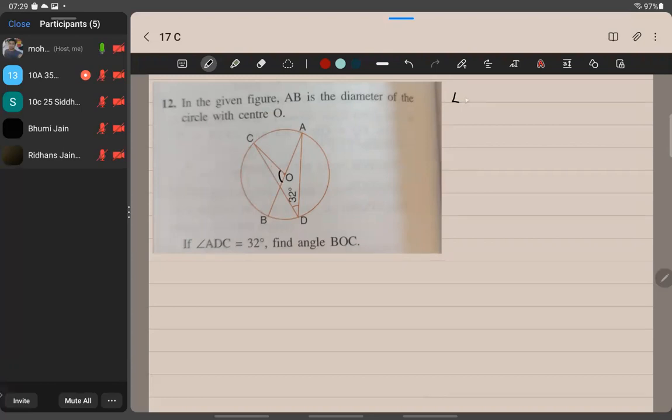Angle ADC is equal to 32. This is already given. The second point, angle AOC will be equal to 2 times angle ADC.